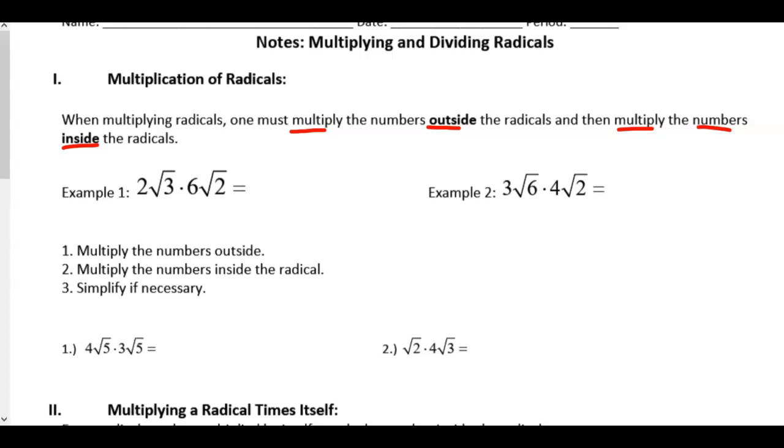So look at example 1. What's on the outside? The coefficient 2 and the coefficient 6. Multiply them. 2 times 6. 12. Easy. Now on the inside, square root. I got a square root of 3, the square root of 2. 3 times 2 is 6.